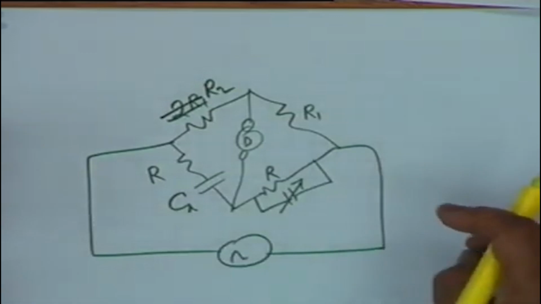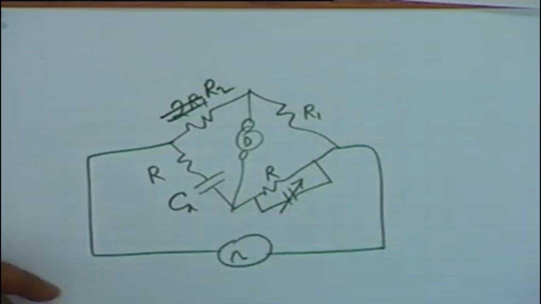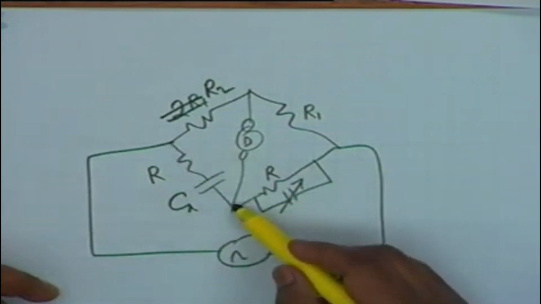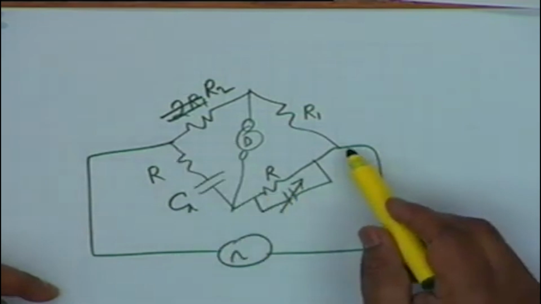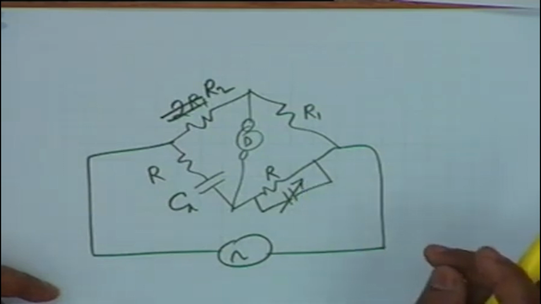You of course know Wheatstone bridge, don't you? Yeah, okay. So, this is an AC bridge in which an unknown capacitor is to be measured. So, what one does is one uses an RC series and an RC parallel and then adjusts this capacitor so as to obtain balance.